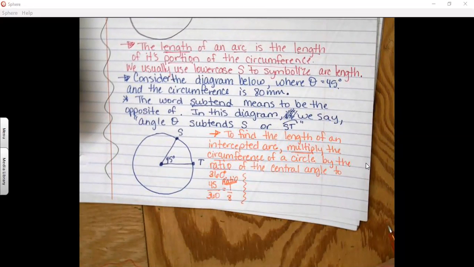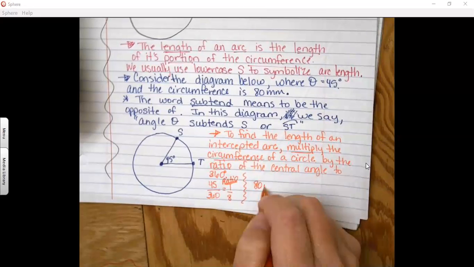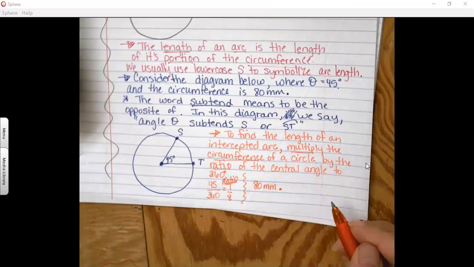So 80 millimeters times our ratio 1/8 equals, wouldn't that be 80 millimeters divided by 8, which is what? 10 millimeters.